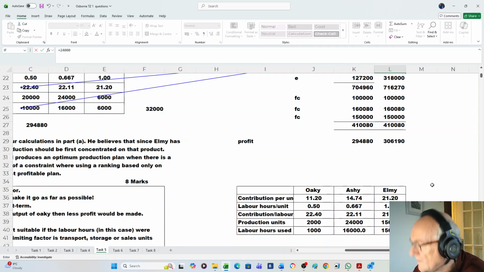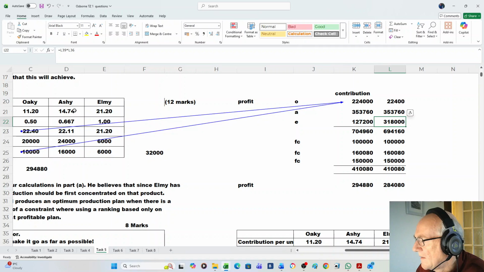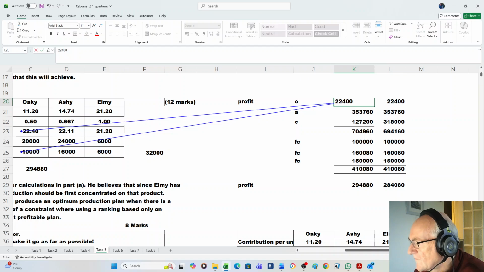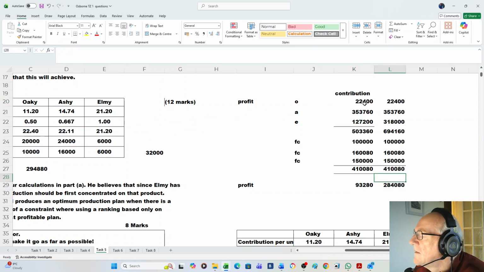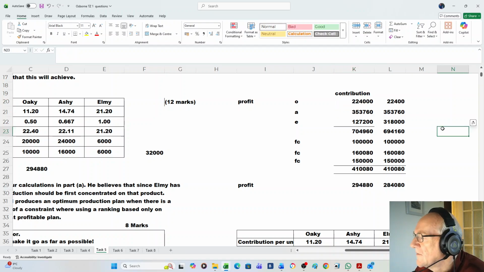In fact, that's the same number. Either way, it still doesn't change the actual answer. Hang on, 200. No, that was right. Instead of making 294,480, we're making 284,080.